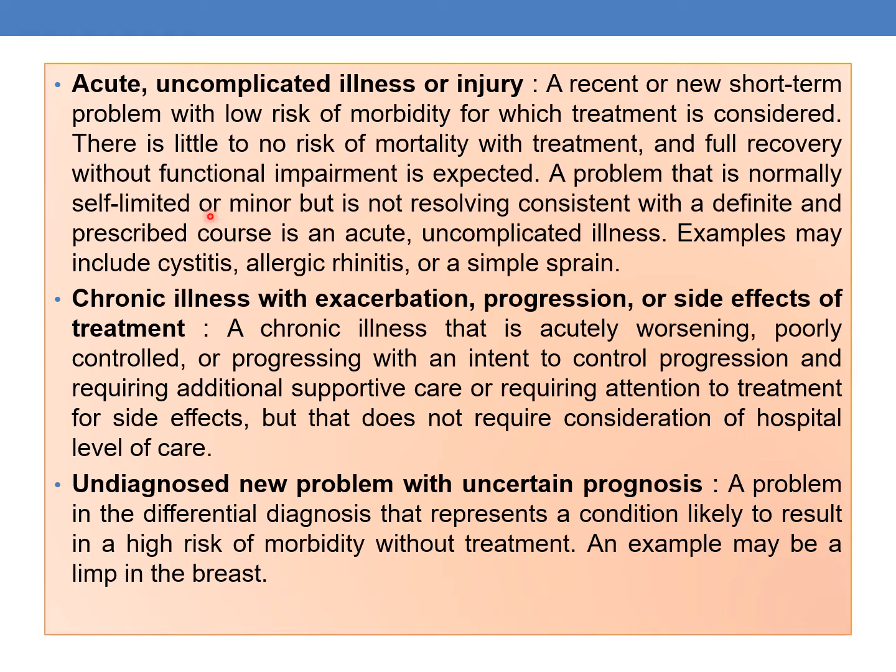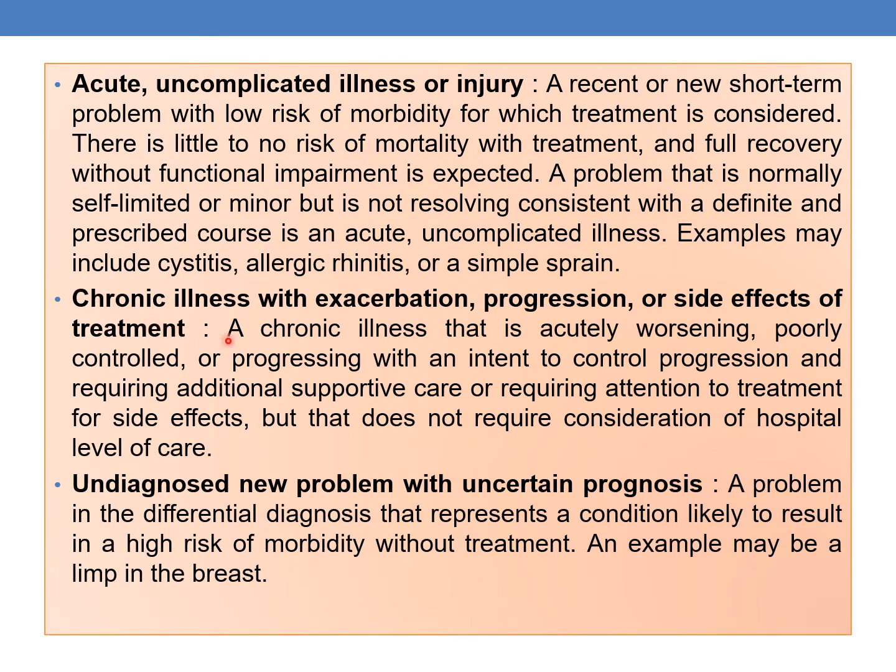A problem that is normally self-limited or minor but is not resolving consistent with a definite and prescribed course is an acute uncomplicated illness. For example, cystitis, allergic rhinitis, or simple sprain.